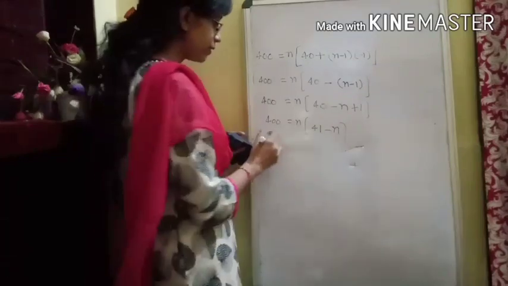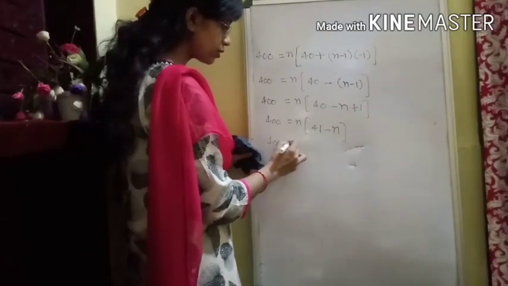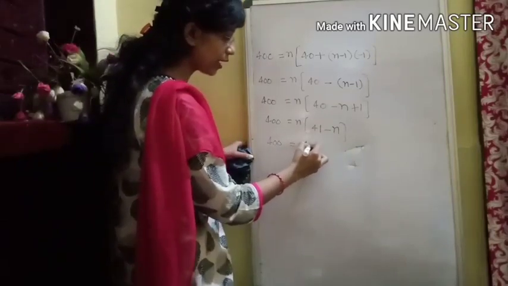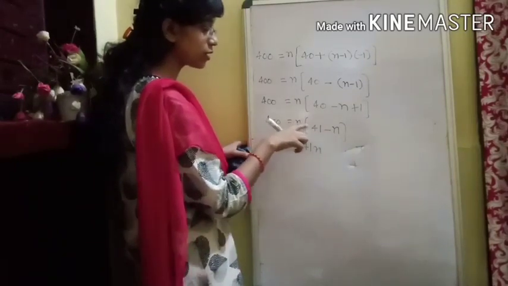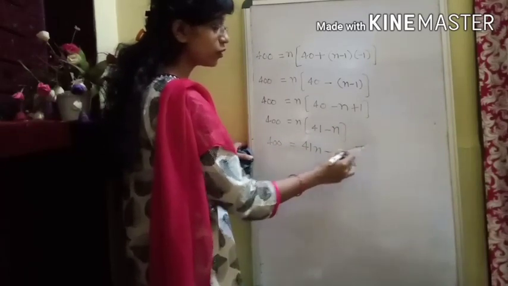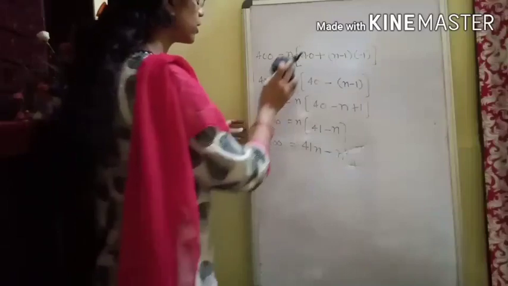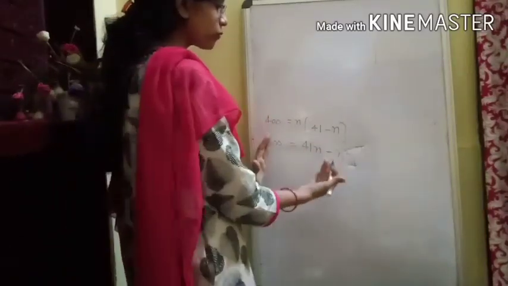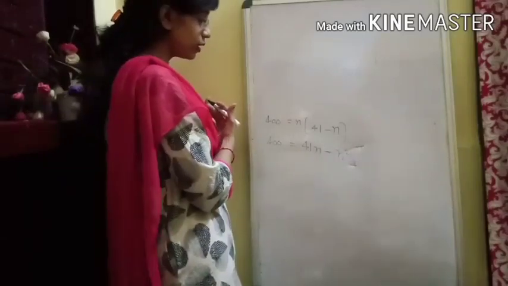Is it okay? Now here it is 400. Now when we open the bracket, this would give you 41n as when we multiply, and this plus minus minus, and n square. N into n would be your n square. Is it okay? If you see here, we are getting power 2. So actually what I am doing is that I am bringing all the terms to the LHS.